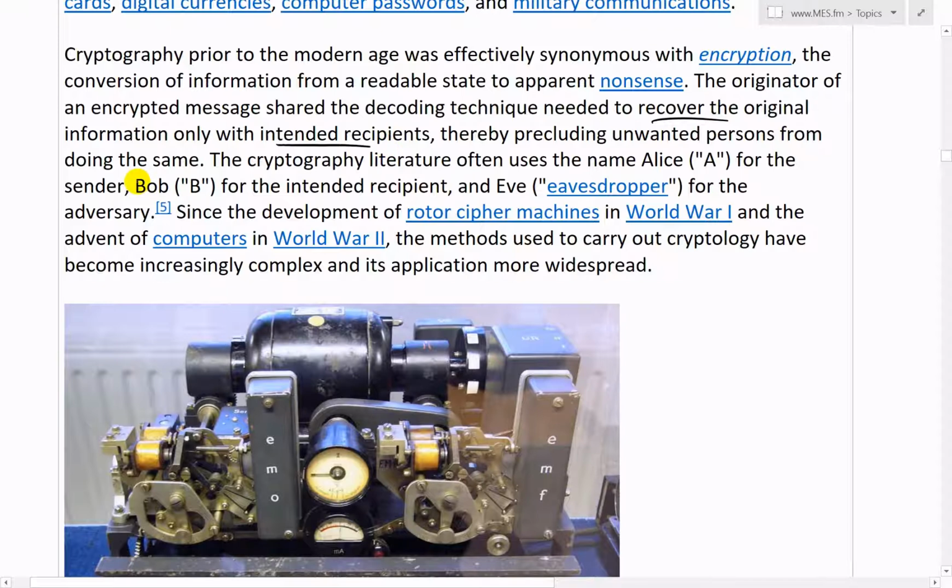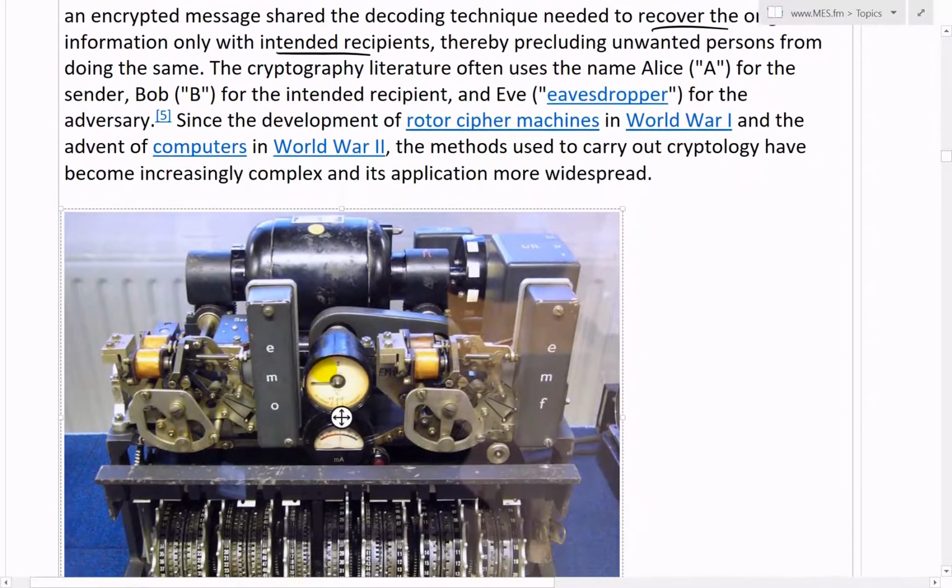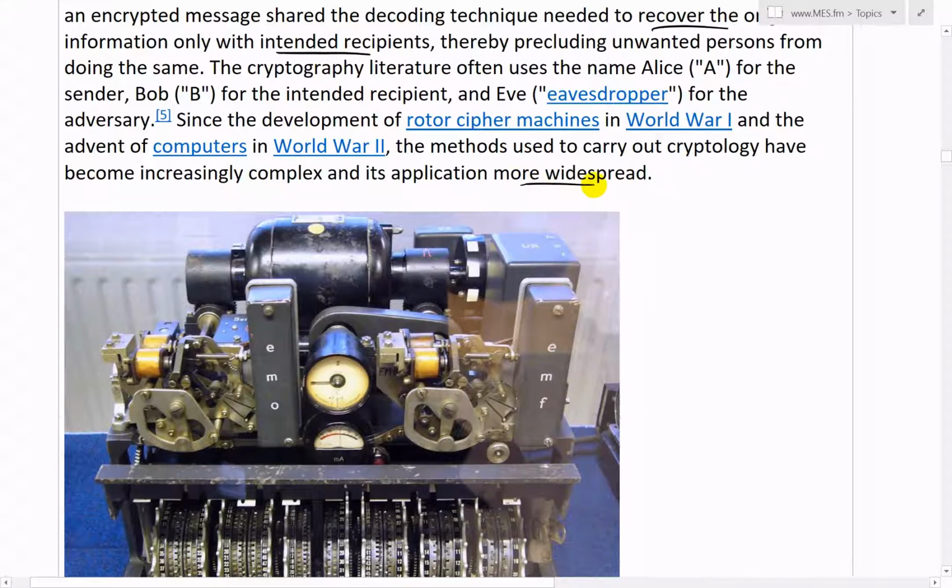The cryptography literature often uses the name Alice for the sender, Bob for the intended recipient, and Eve for the adversary or eavesdropper. Since the development of rotor cipher machines in World War I and the advent of computers in World War II, the methods used to carry out cryptology have become increasingly complex and its applications more widespread.